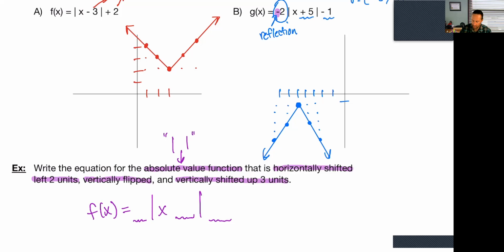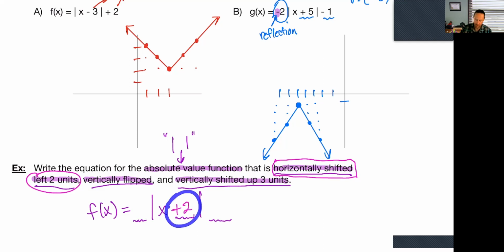And we have 1, 2, 3 things that would be done to it. And what are those things? Well, first it said horizontally shifted, left 2 units. Well, remember, because it's the x, we're going to do the opposite. And that means we're going to put plus 2 here in order to actually shift it left 2 units.